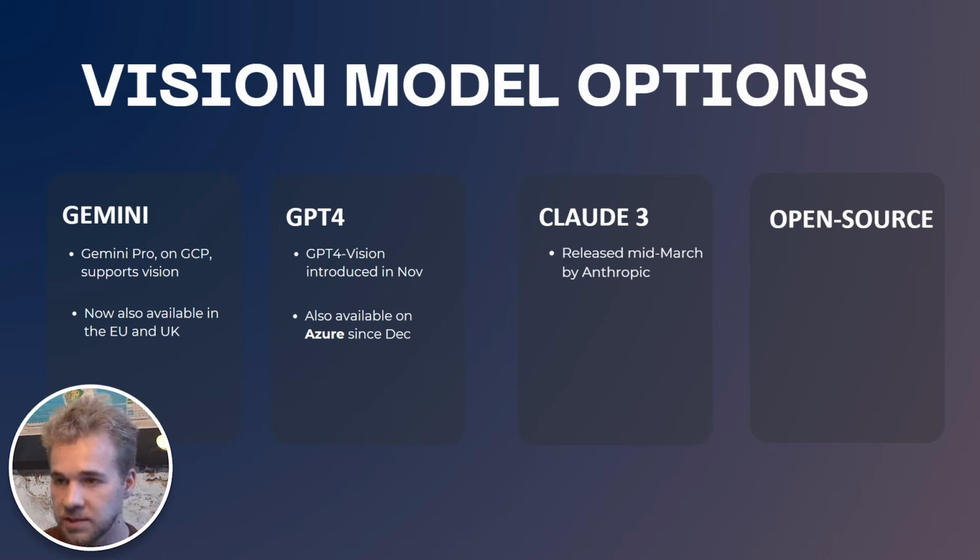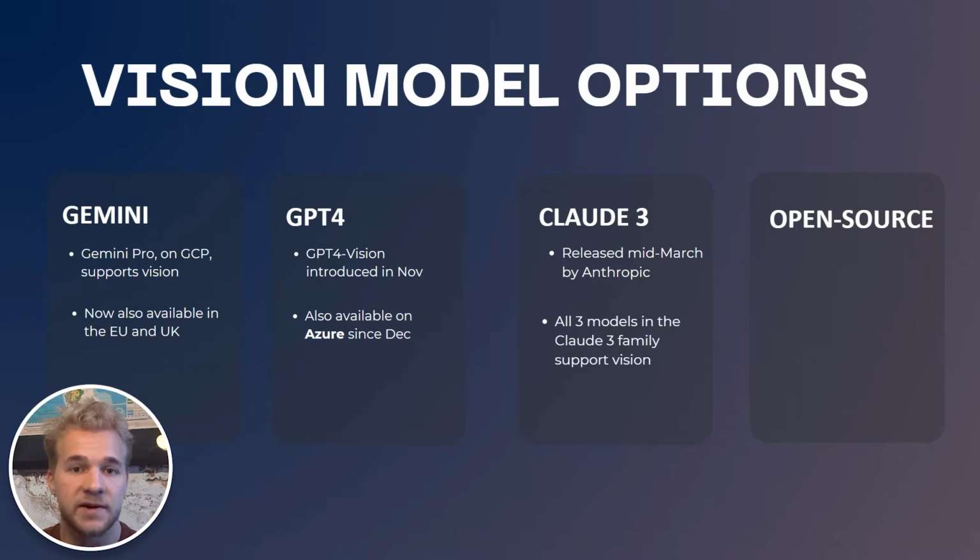What I find really cool is that all 3 of these models in the Claude 3 family support vision. Of course, the performance in image comprehension will vary depending on which model you use, but I found, as you'll see later in this video, that even the least performant of the 3, Haiku, has pretty impressive vision capabilities.